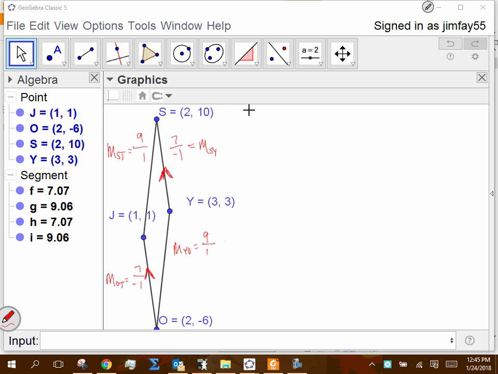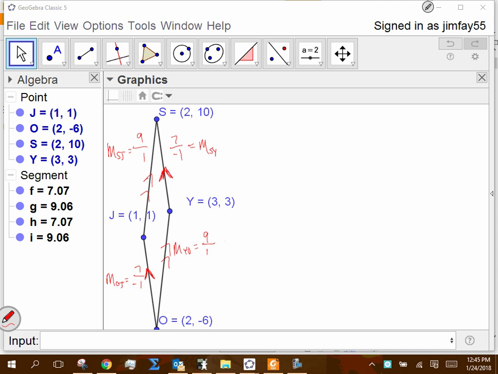And now you see that slope of 9 is the same as the slope of 9, right? So by the definition of a parallelogram, we have shown this quadrilateral to be a parallelogram. The definition says it is a quadrilateral, that's what we have, with both pairs of opposite sides parallel. And that's what we've shown.